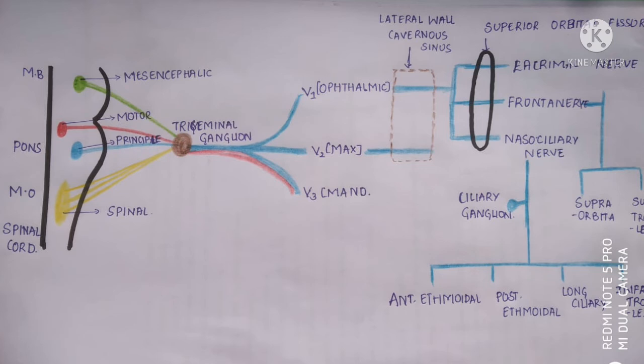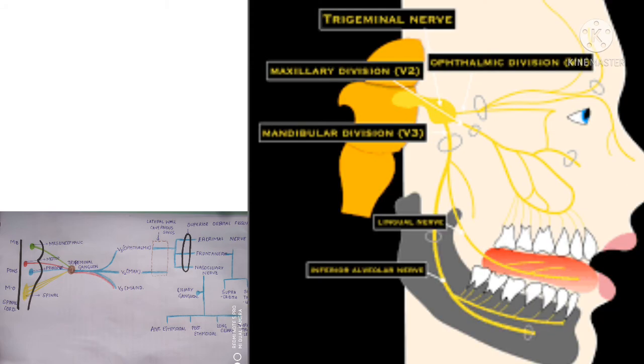Let's have a quick revision of the trigeminal nerve and its branch, the ophthalmic nerve. First, the trigeminal nerve arises from 4 nuclei. 3 are sensory nuclei and 1 is a motor nucleus. The sensory nuclei are mesencephalic, principal, and spinal nucleus, and the motor nucleus is motor, and then it passes through the middle cranial fossa.